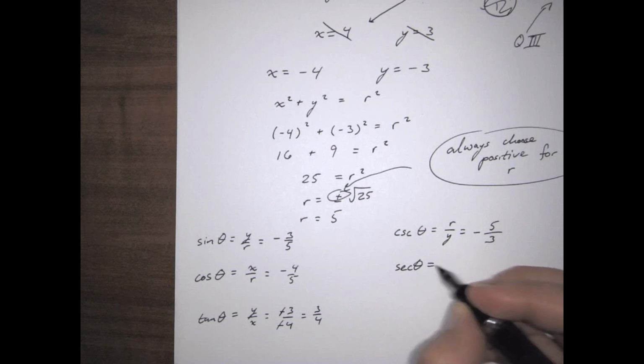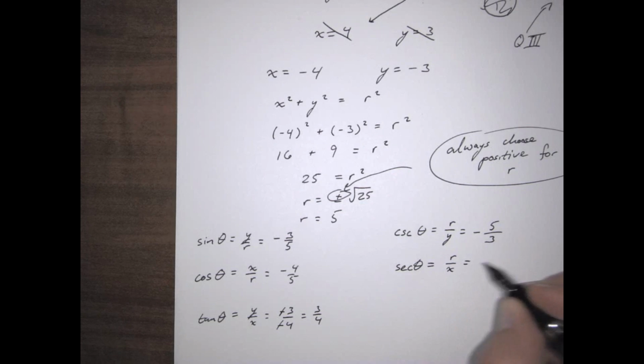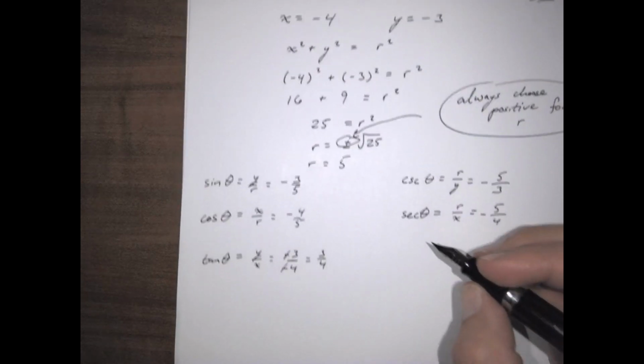Secant theta is equal to r over x, which will equal 5 over negative 4, so 5/4 with the negative in front of all that.